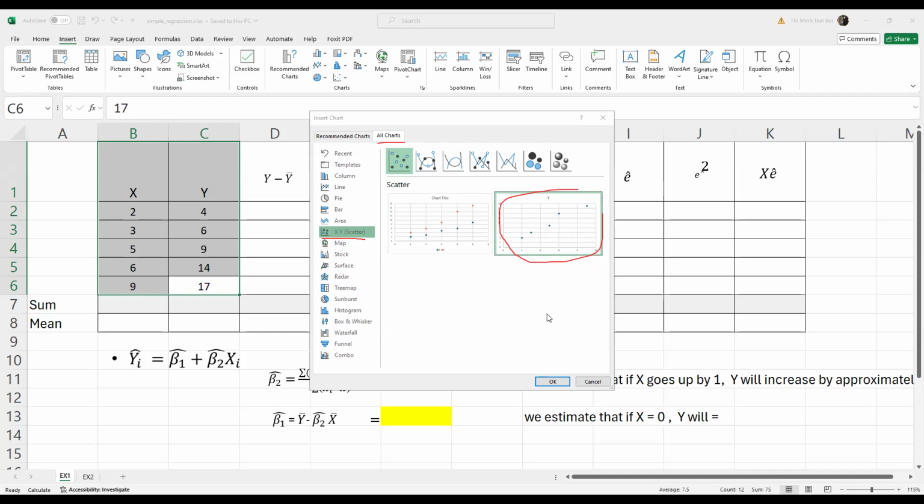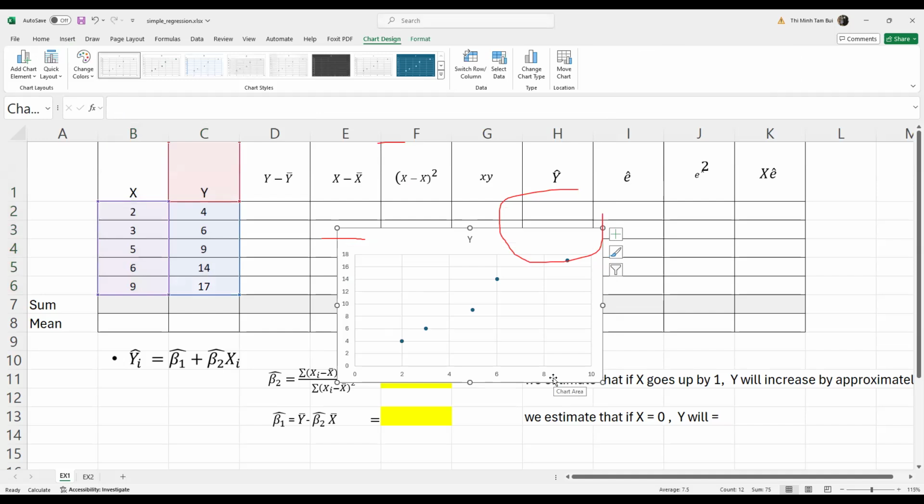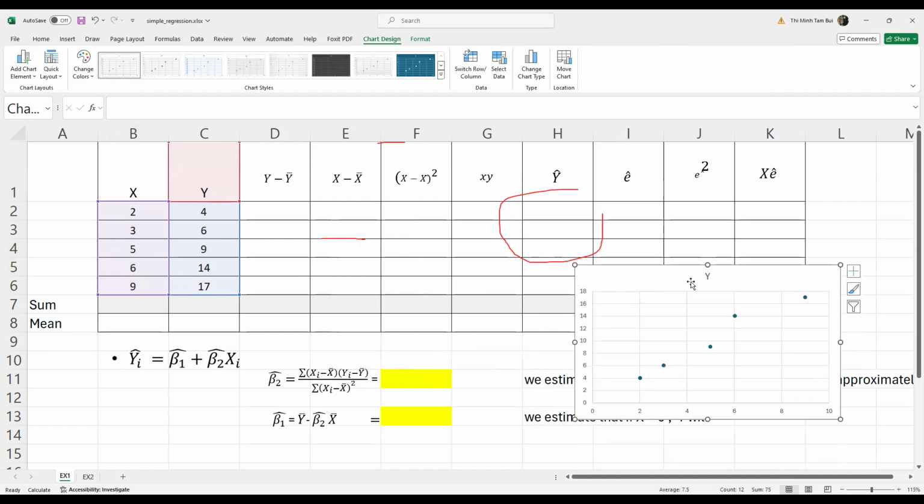Good. Okay, so this is actually what we have done together by hand, right? But in the real world, when you work with real data, you can use a computer program. Why do we need to plot it by ourselves? But okay, you can find the relationship between these two variables.